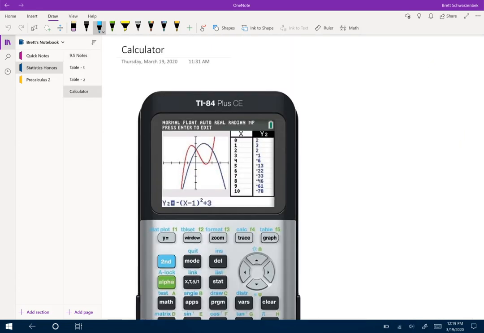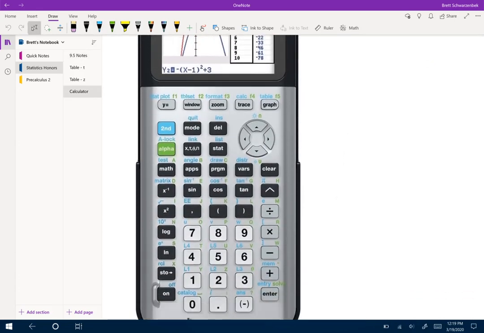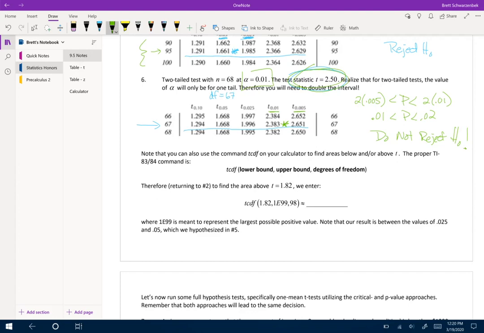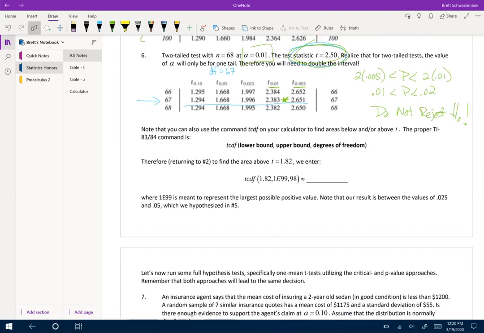you have seen before that when you go to second distribution, right here, you end up with a screen that basically has, you've already seen, normal CDF on there. You're going to be choosing TCDF for this case. Okay, so remember, most of you will have a nice, easy input device when you go in there for TCDF.